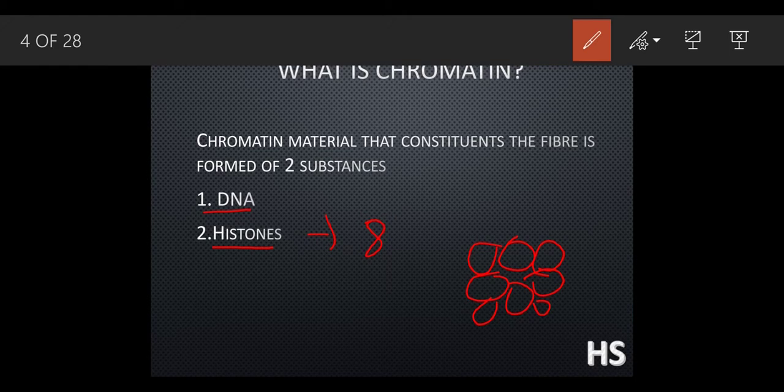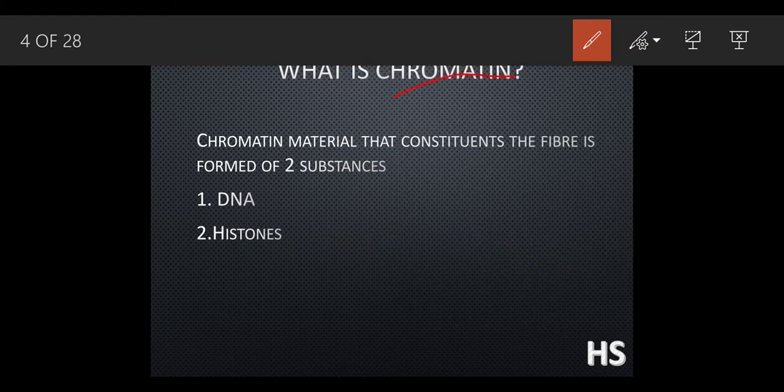How does the DNA look like? The DNA looks like this structure. Now this gets coiled around these balls, and due to this a thread like structure forms.